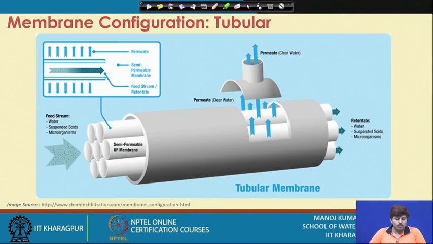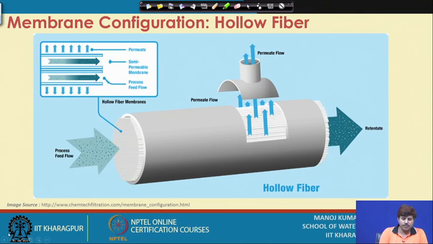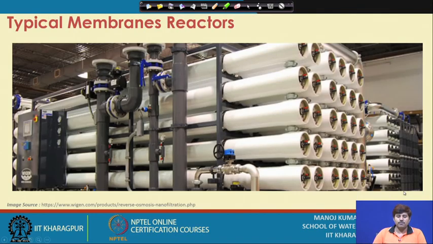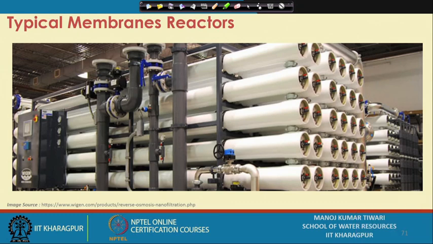So, this is a tubular module, with much larger tubes, similar to the hollow fiber we saw earlier. Here we have semi permeable tubular membranes, flow is passed through this, permeate is collected, reject goes there. That way a typical membrane reactor will look like this. In an industrial system, there are large tubes over there.